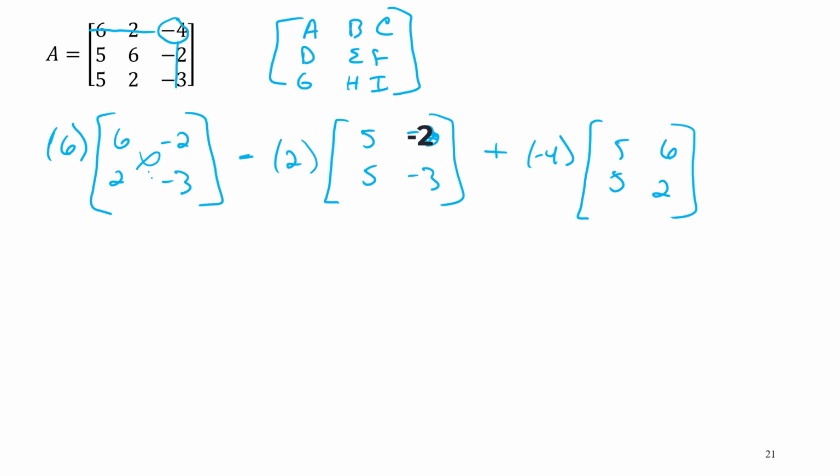So we have the small fish, we have our fish. So we would have 6 times -3 minus -2 times 2, minus 2.